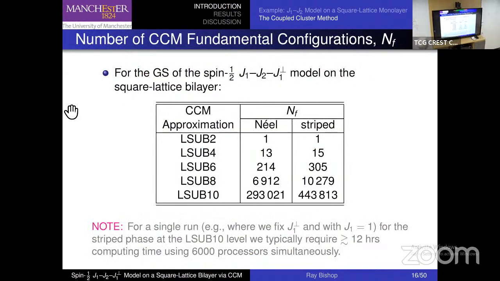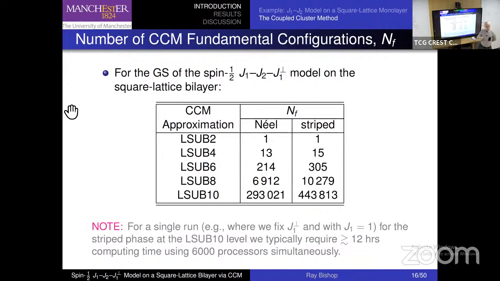If you start with the Néel state or the stripe state and you do L sub 2, just like the problem I did on Wednesday, you've only got one configuration. Just the 2 nearest neighbor sites, and you flip both of those spins. One configuration for either of the model states. For L sub 4, the number's going up now. For the Néel state, you've got 13.